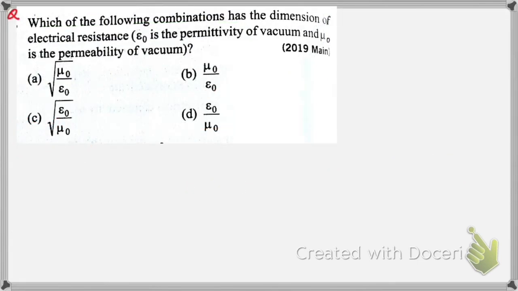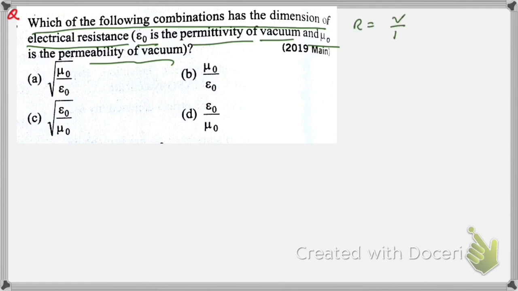So here you see, which of the following combinations has the dimension of electrical resistance? Here epsilon naught is permittivity of vacuum, and mu naught is the permeability of vacuum. So first let me find the dimensional formula of resistance. We know resistance is equal to V by I, and V is equal to W by Q, work done per unit charge, right?